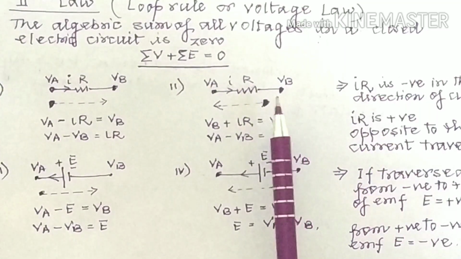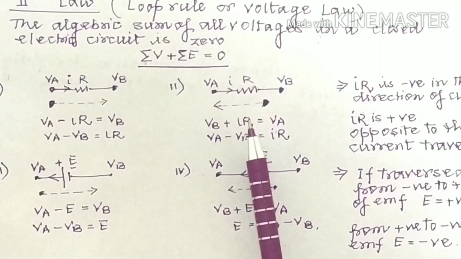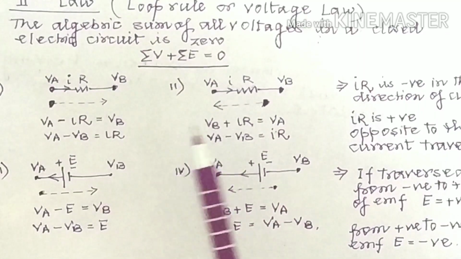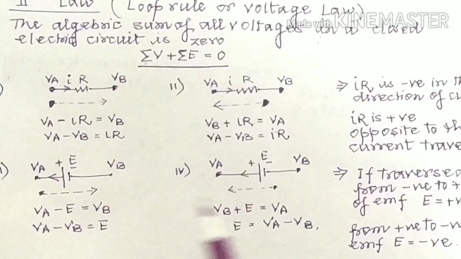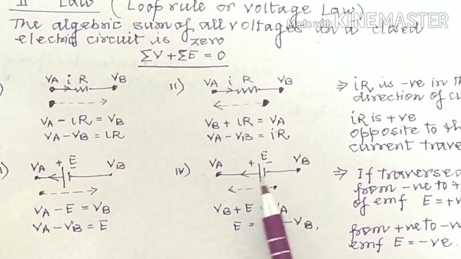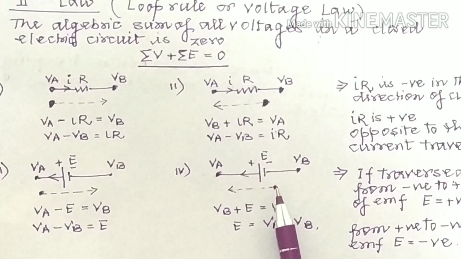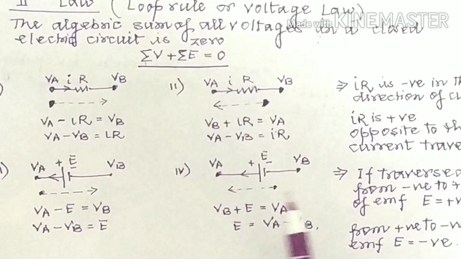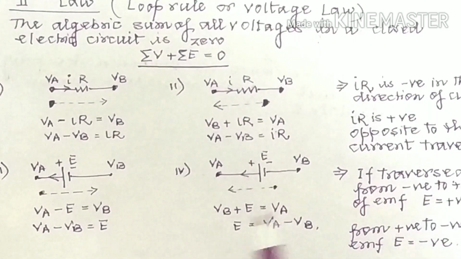Third, if traversed from negative to positive, EMF will be taken as positive. And if you are moving from positive to negative, EMF will be taken as negative. Remember these 4 points.